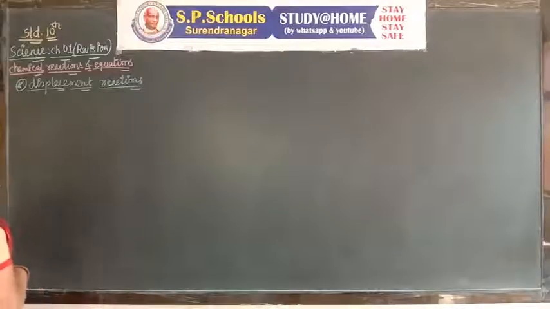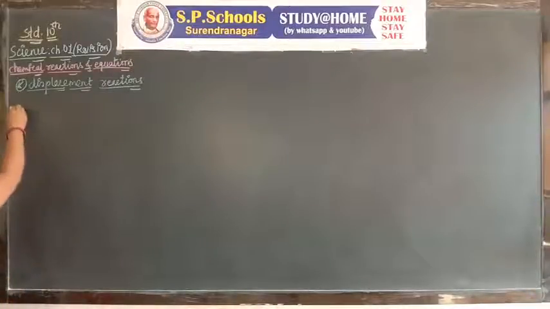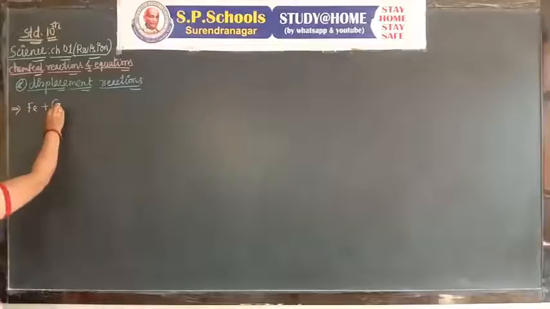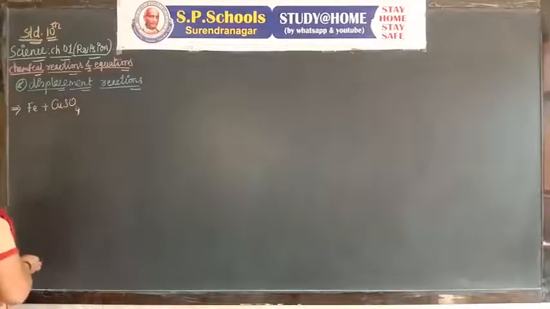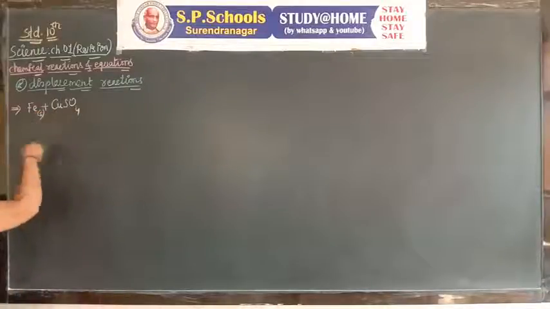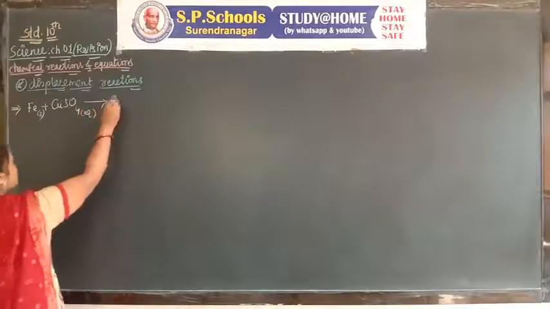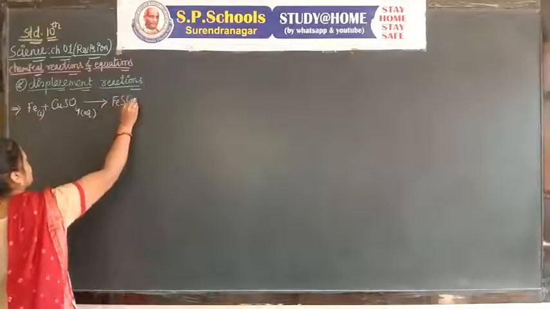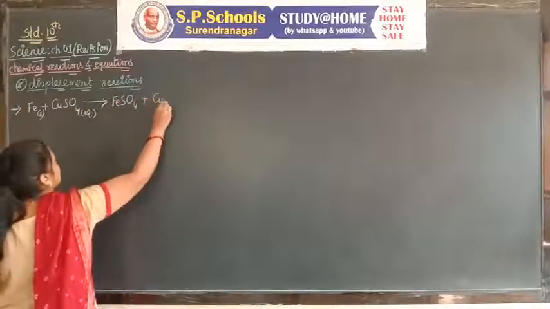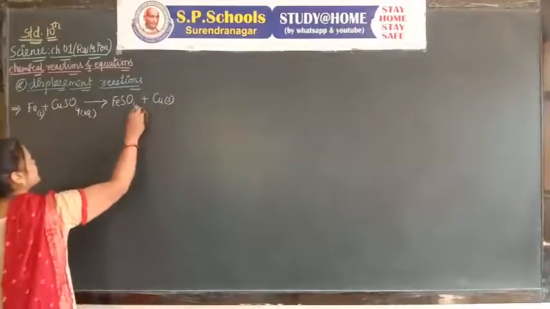In the case of displacement reaction, after the activity, when we reach the conclusion, if iron nails react with the solution of copper sulfate, iron nail means solid, copper sulfate solution aqueous, the formation of FeSO4 will be seen and the copper will be released.